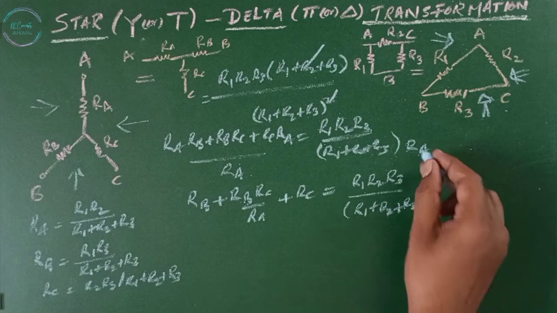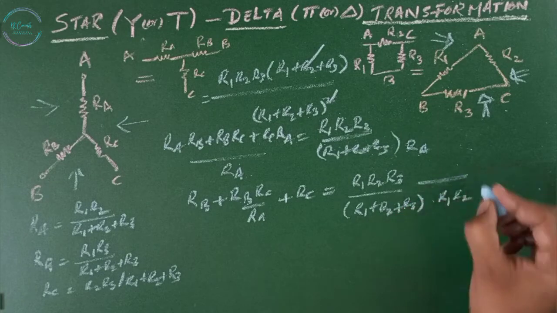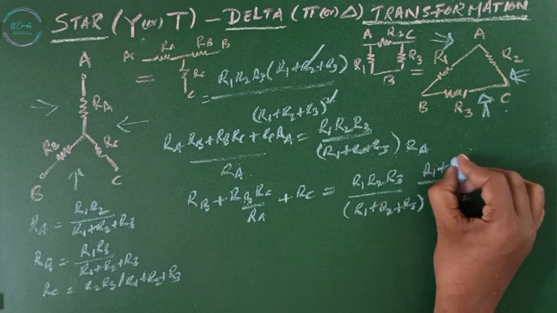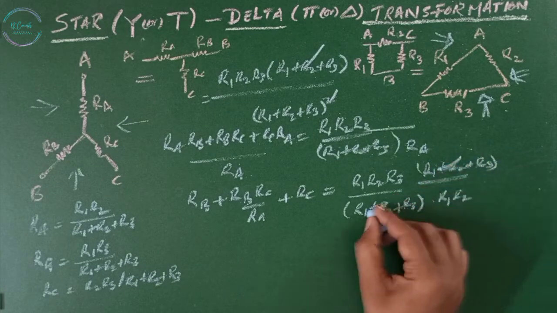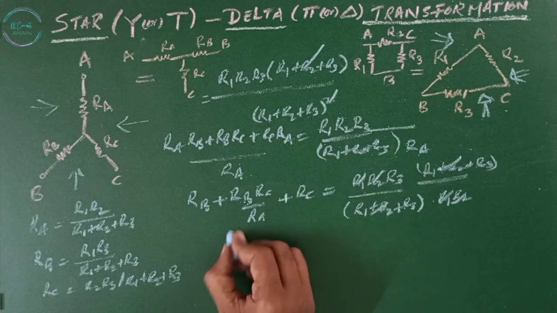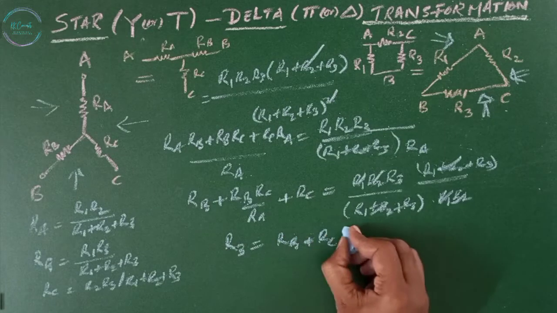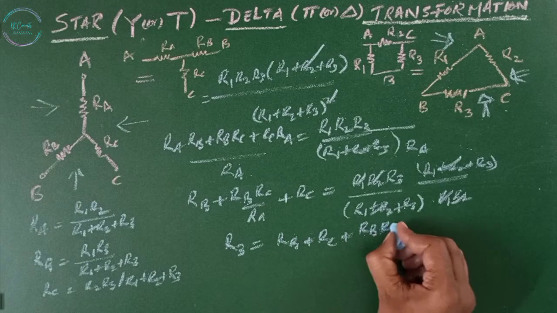RA is nothing but R1R2 divided by R1 plus R2 plus R3. So we get R3 equals RB plus RC plus RB RC by RA.